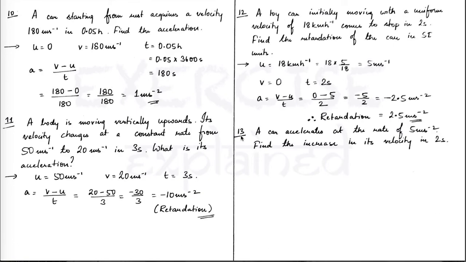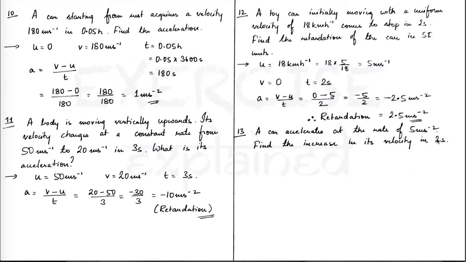Coming to the 13th question, a car accelerates at the rate of 5 meter per second square. So acceleration is given as 5 meter per second square. Find the increase in its velocity in 2 seconds. Now increase in its velocity is nothing but change in velocity, which is nothing but final velocity minus initial velocity.